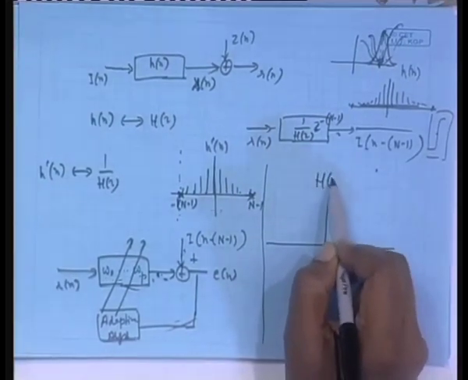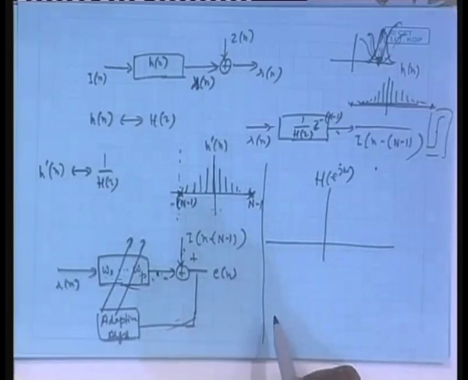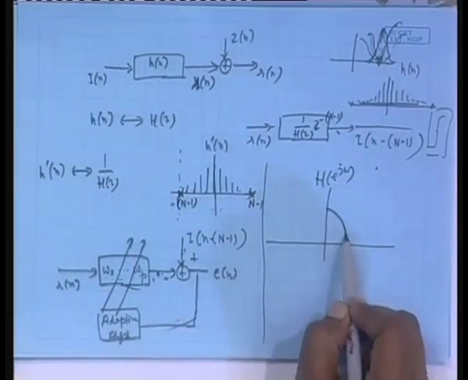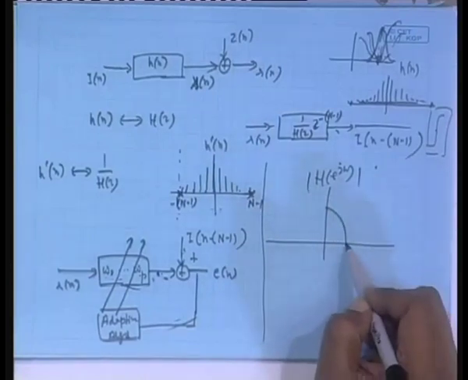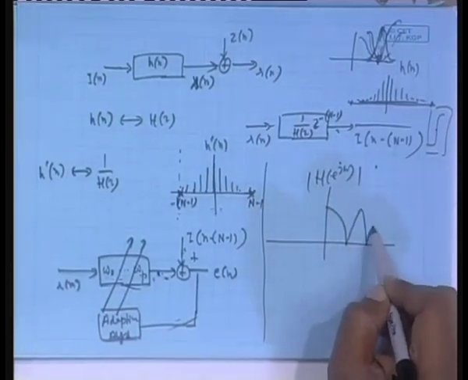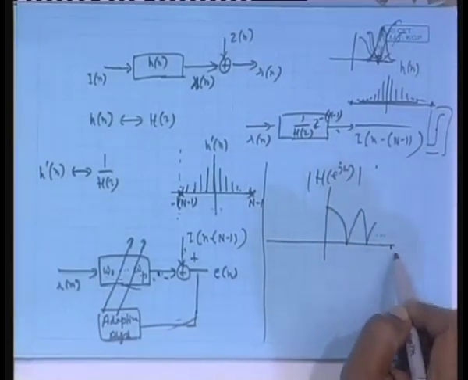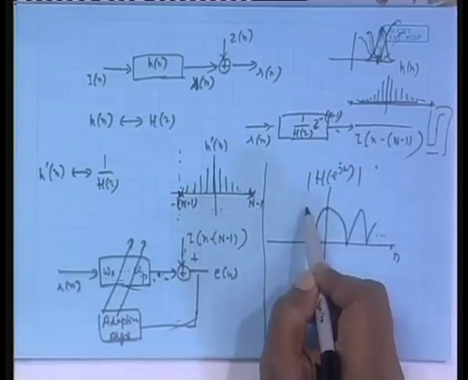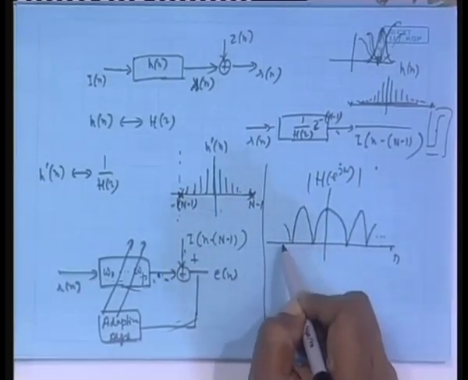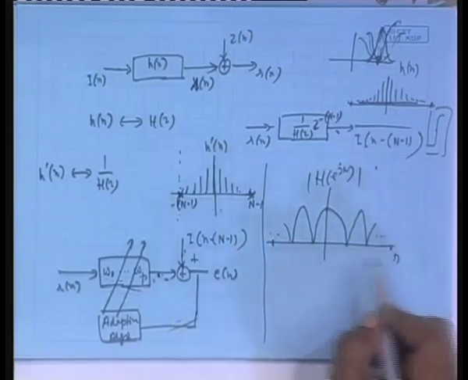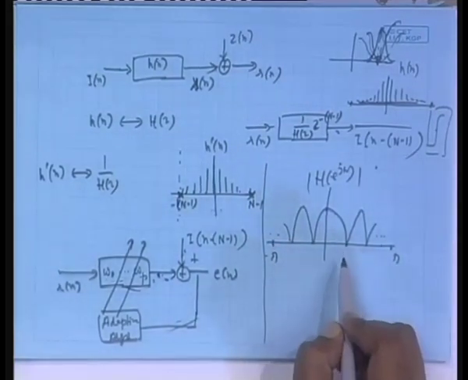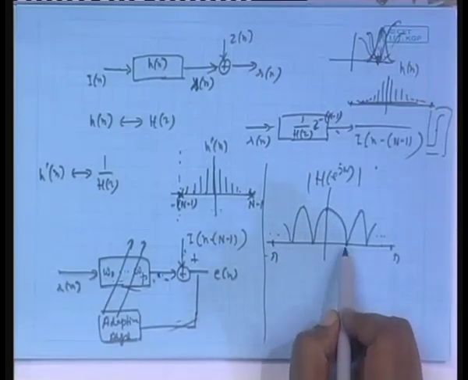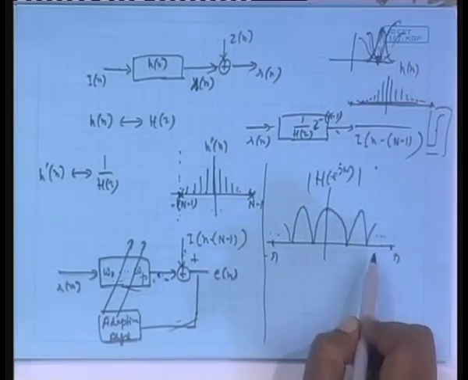If you take H of e to the power j omega, it dips, it almost touches 0. If you take the mod of it, it touches 0, like that, at pi. Sometimes it happens, it either goes absolutely to 0 or very close to 0.